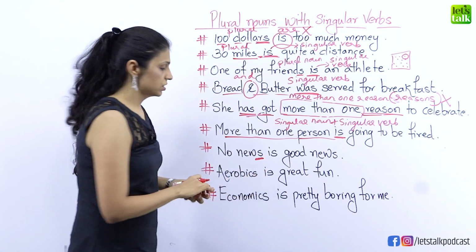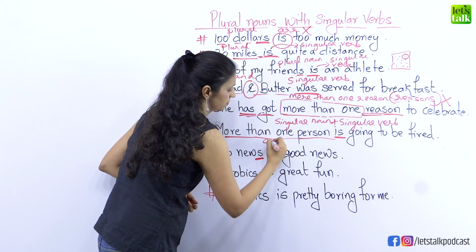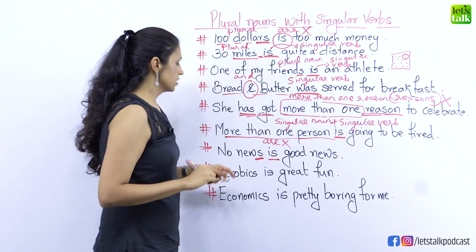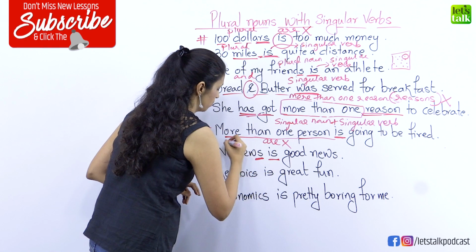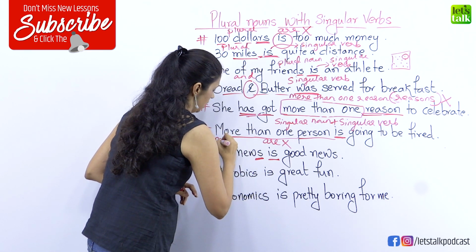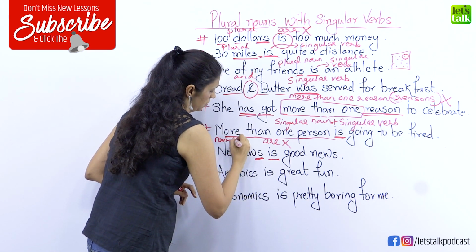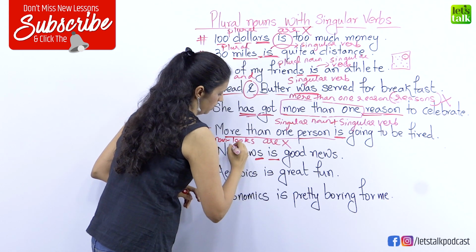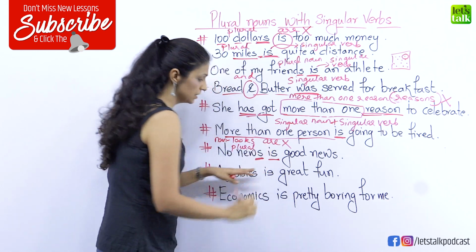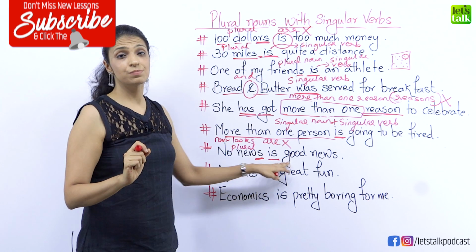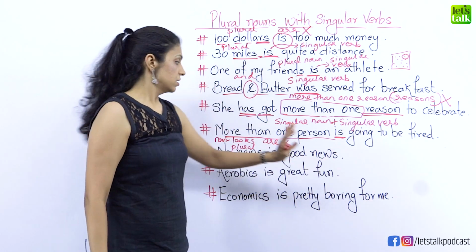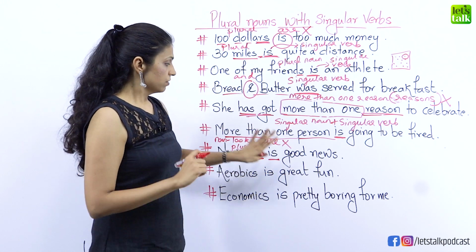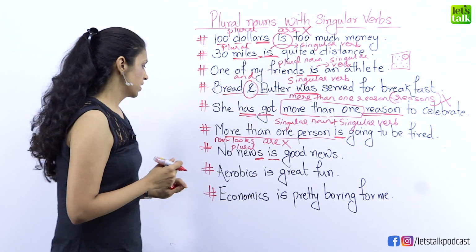So, no news are is completely incorrect, no news is good news. Okay, so you have a noun that looks plural, okay, because it has an S. Don't go by the S and use are. No news is good news.